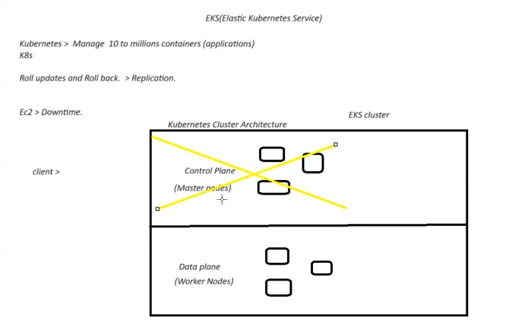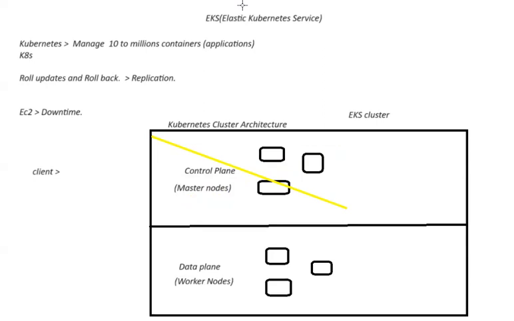The master nodes, everything will be created by whom? Cloud providers. Azure provides it in the form of Azure Kubernetes Service, and AWS overcomes this problem by using Elastic Kubernetes Service.